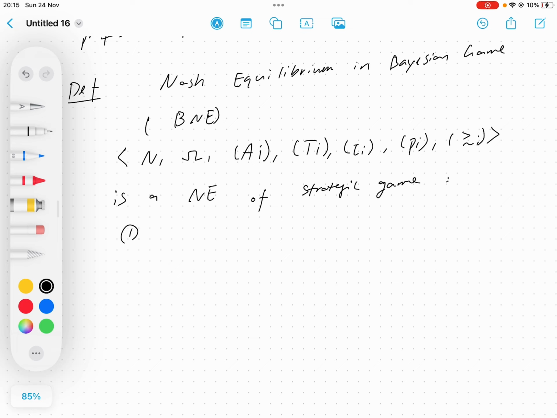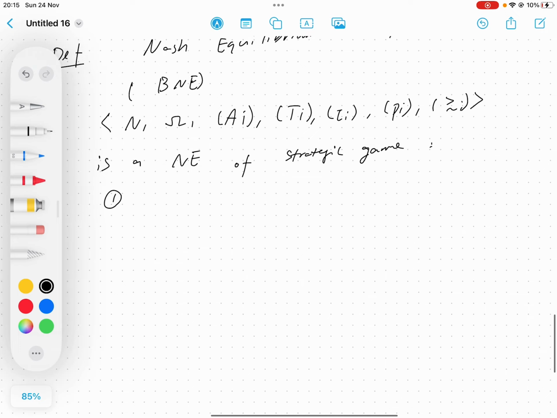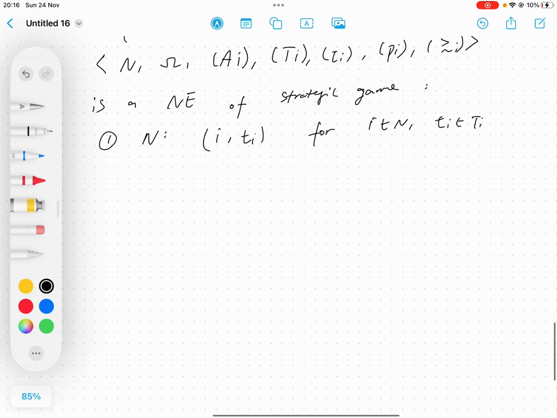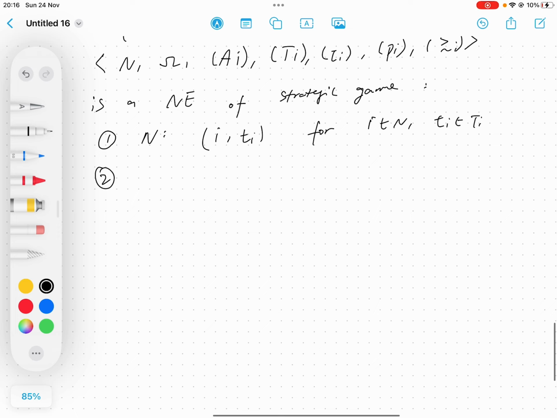First, the set of players N is the set of all pairs (i, t_i) for all the i's and all the t_i's, as we just mentioned. So here we write out those explicitly for all the players and for all the types of the players.